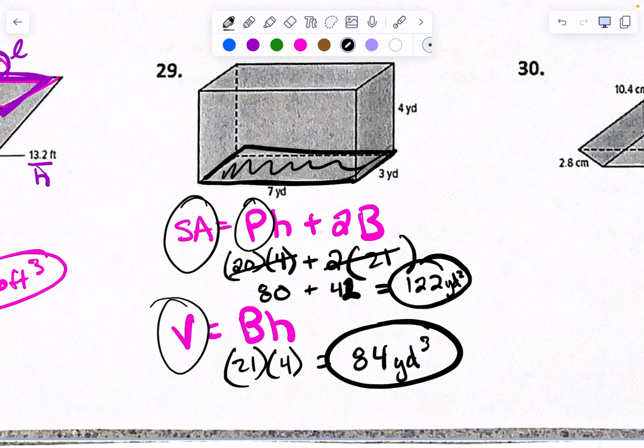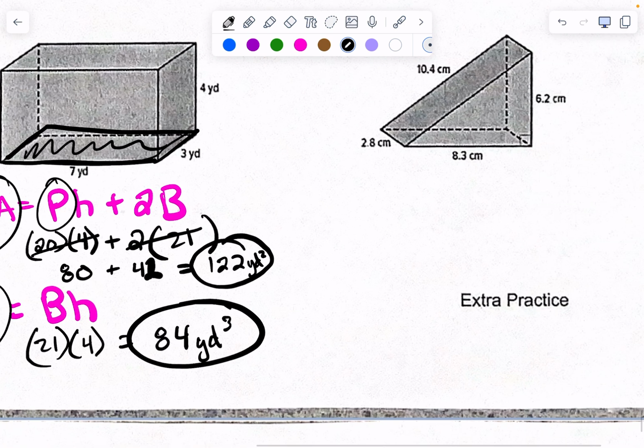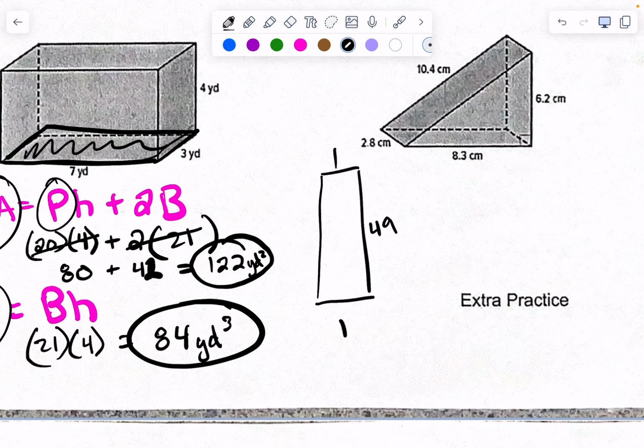Did you know that if you want to hold the most volume, you are going to make sure that object is the most square? Just think about it in terms of perimeter. If I have 100 feet of fence, I could make my fence 1 by 49 by 1 by 49.